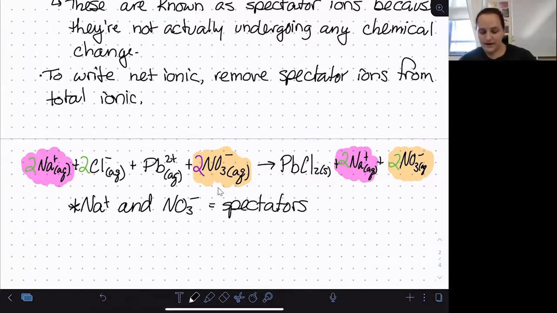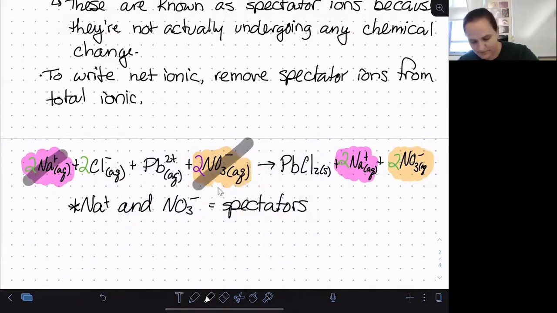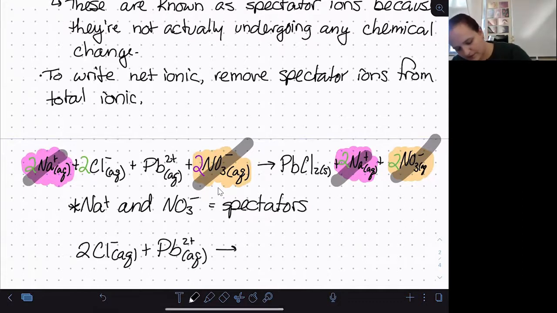So to write our net ionic equation, all we need to do is get rid of those and write out what is left. So we have 2Cl minus, lead 2 plus, react to form PbCl2.